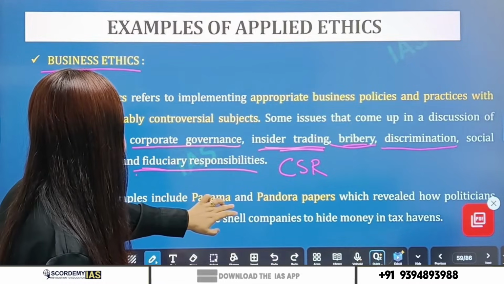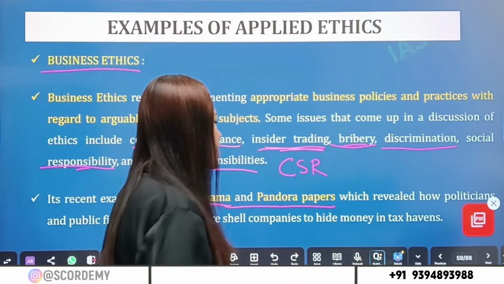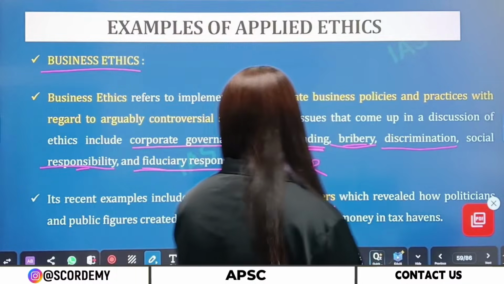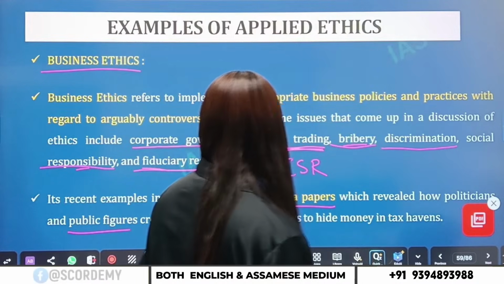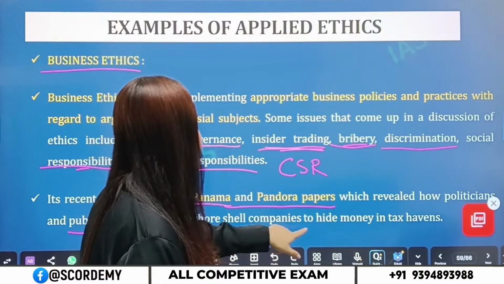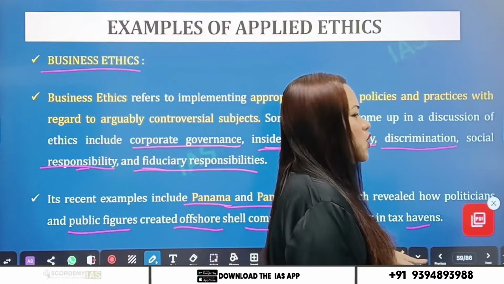So examples like Panama and Pandora Papers. Have you all studied Panama and Pandora Papers, which reveal how politicians, public figures, billionaires created offshore shell companies to hide money in tax havens?